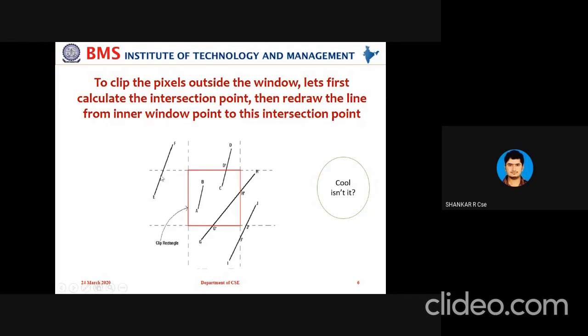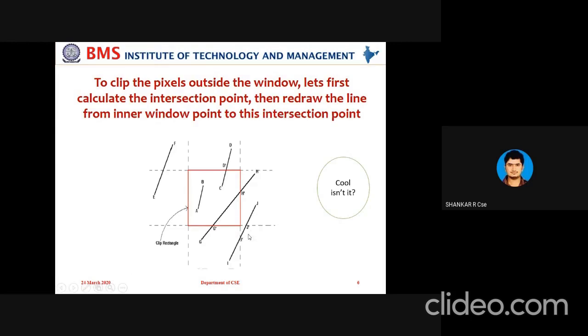If you don't draw EF, it means it is clipped out of the clipping rectangle. What about IJ? I is outside the clipping window, J is also outside the clipping window, so the intersection points I dash and J dash are also outside the window. So no need to draw.